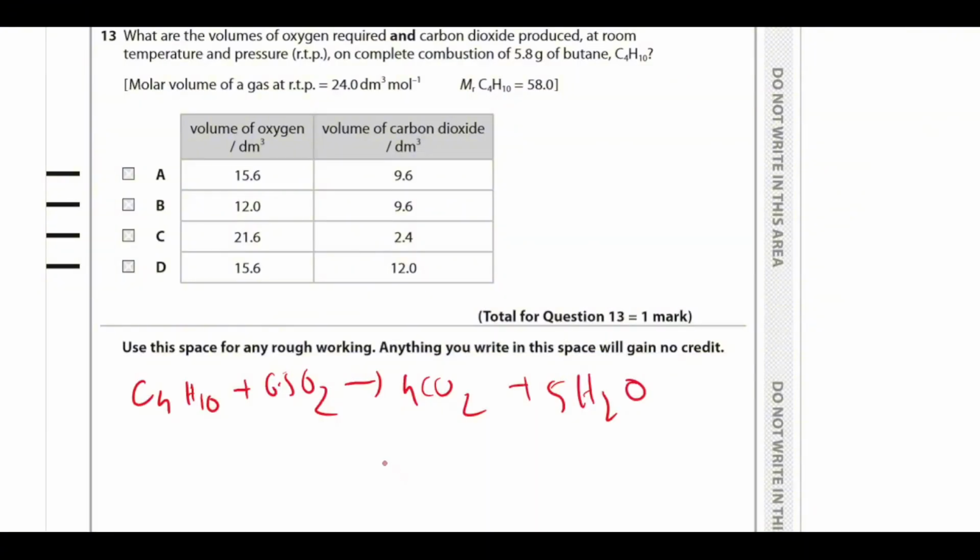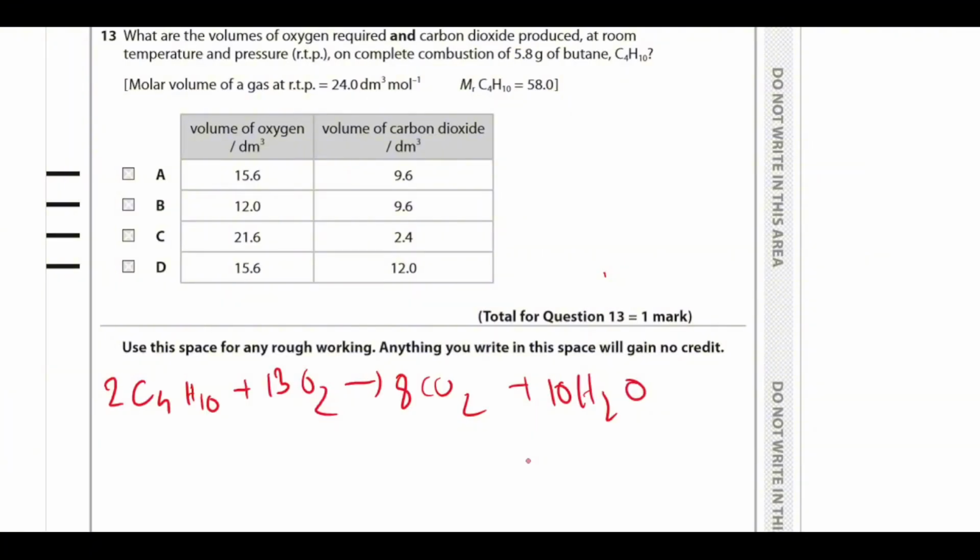Or you can just use numbers instead of fractions, so you can just multiply it by 2. Eventually you'll be getting 2 C4H10 plus 13 O2 giving 8 CO2 and 10 H2O.